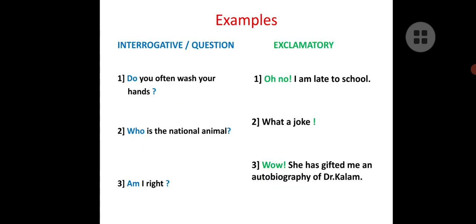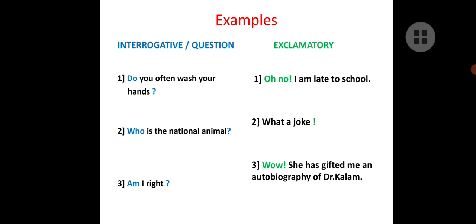Now, let's see some of the examples of all the four kinds of sentences. First of all, we are going to see the difference between interrogative sentence and exclamatory sentence. These are very easy to identify. Already I explained that in interrogative sentence, my dear, there is a question mark at the end.